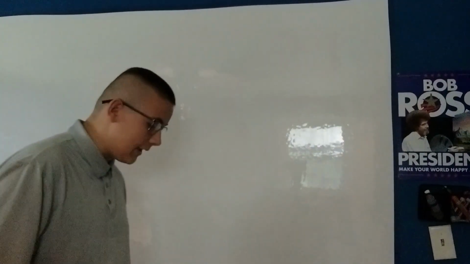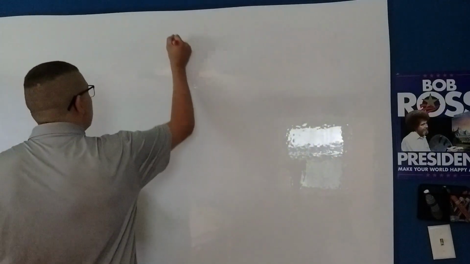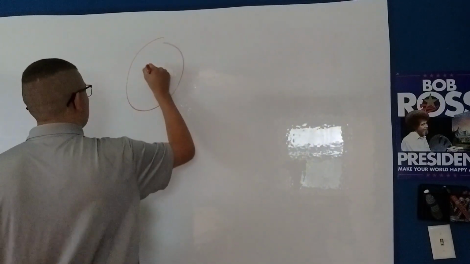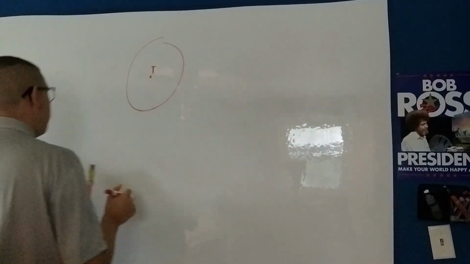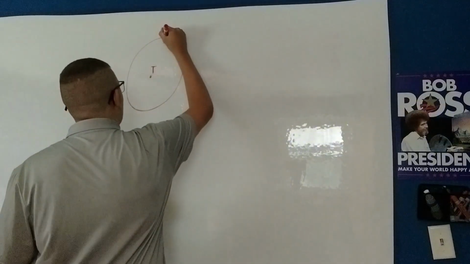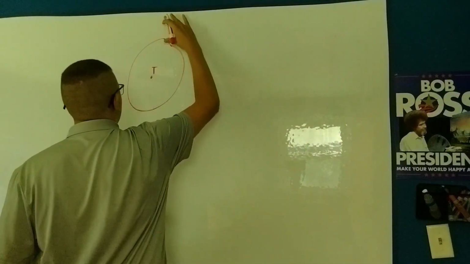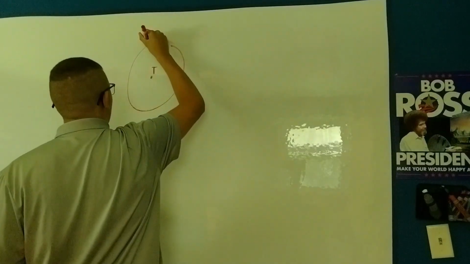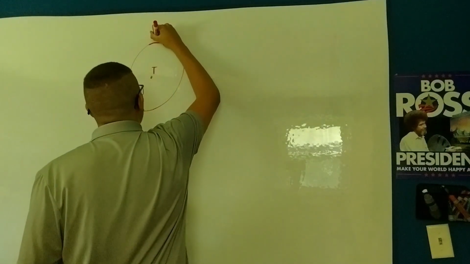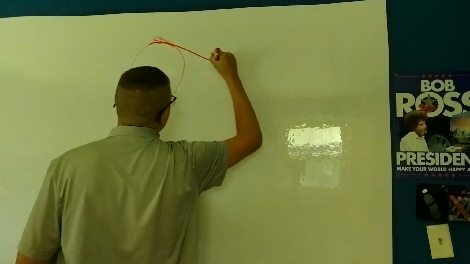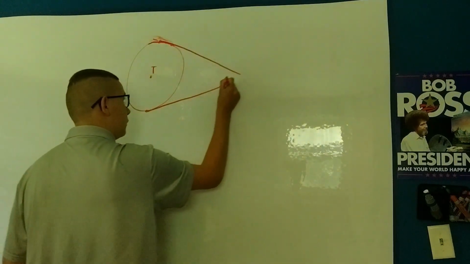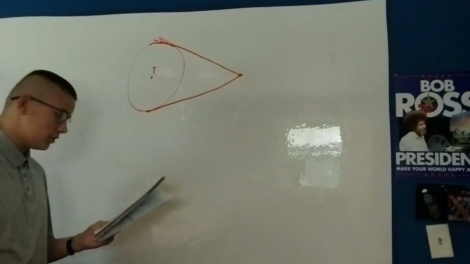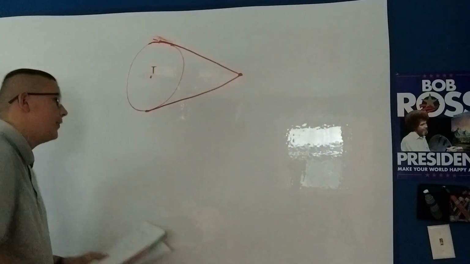So I kind of talked about this at the beginning of the video. The 2 tangents theorem says that if we have a circle, call it T, and we have 2 tangents that come off like this, but they stop at the point where they touch the circle, they're just like tangent segments, but if they continued off, they would be tangent lines.